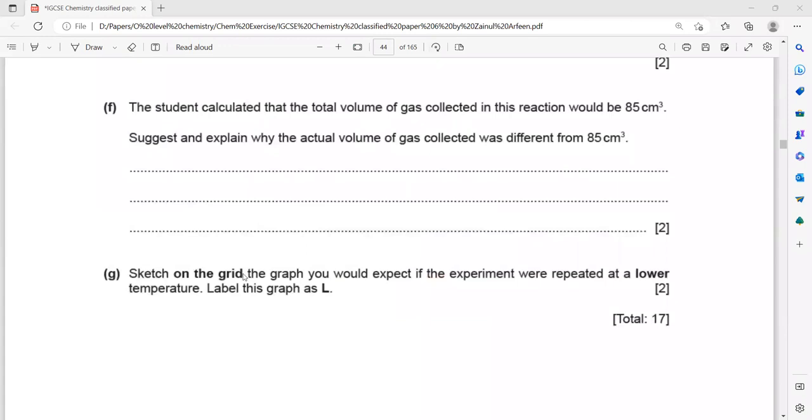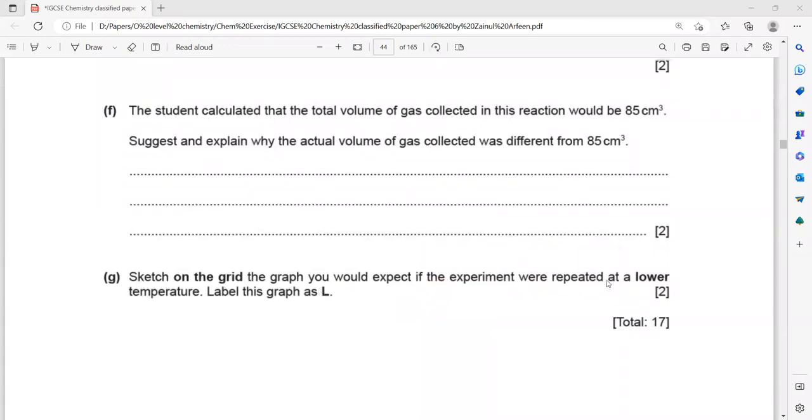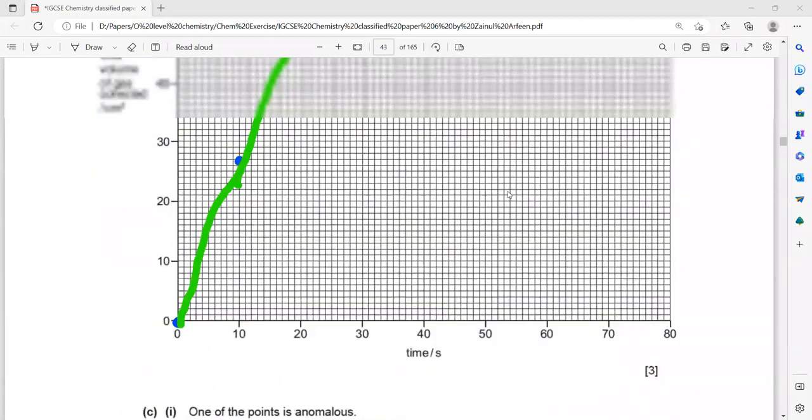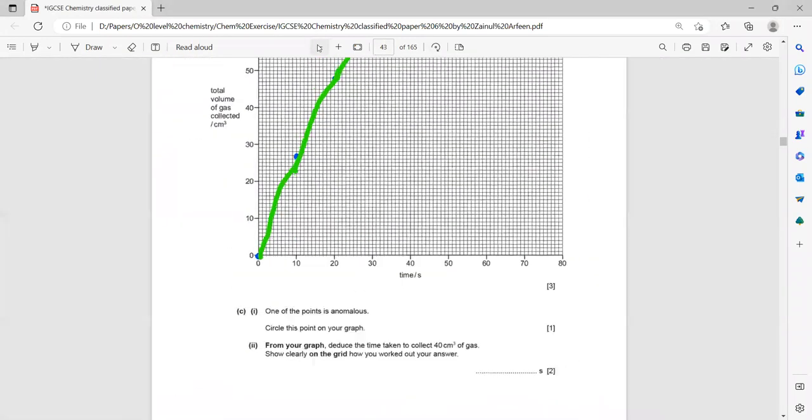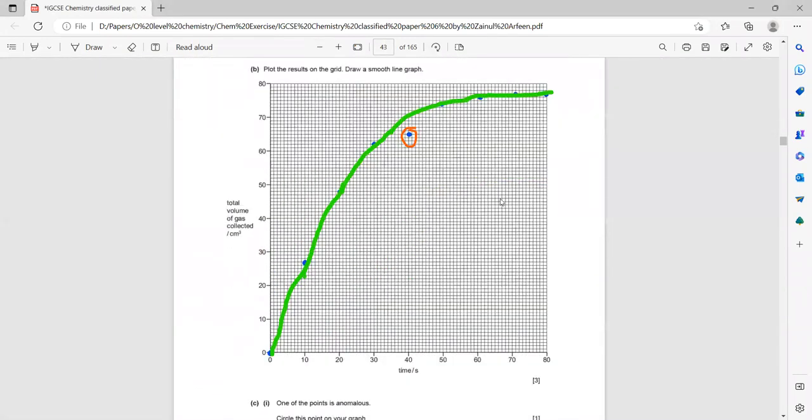Then sketch on the grid the graph we expect if the experiment was repeated at a lower temperature and label that as L. You can use screen annotation to plot a graph for the reaction if it is done at low temperature. This one is done at high temperature.